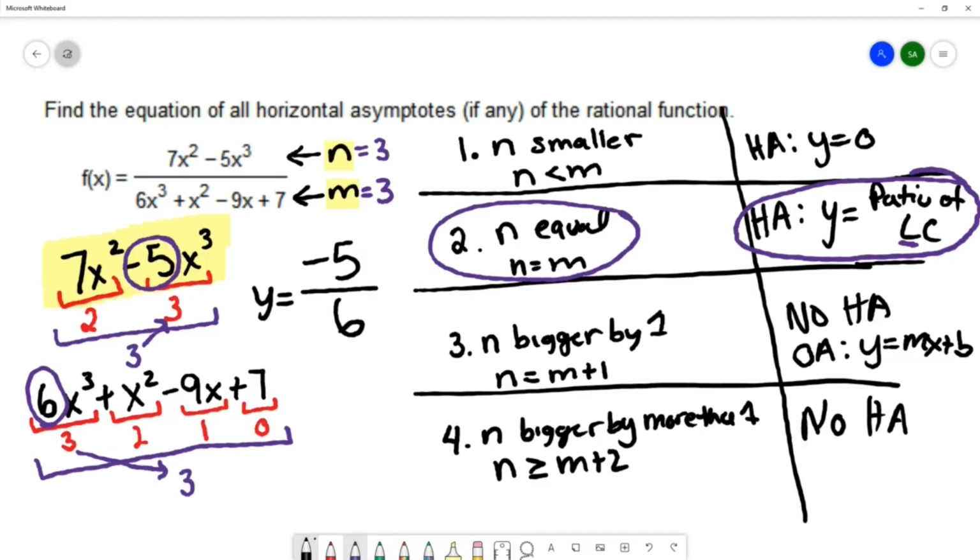So just to go back to the original for a second, this is the highest degree term from the numerator, and this is the highest degree term from the denominator. We're going to use the ratio of those coefficients. So this one was kind of tricky because they wrote that numerator out of the typical order, which we call descending order. And so you might have, by mistake, identified the wrong leading coefficient.